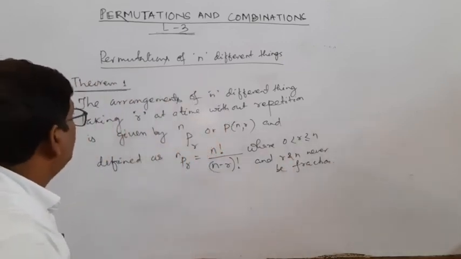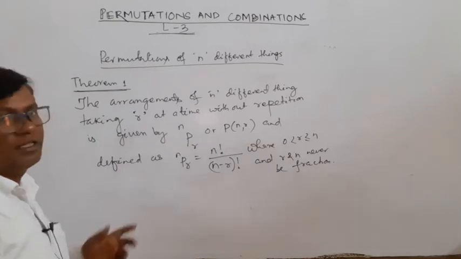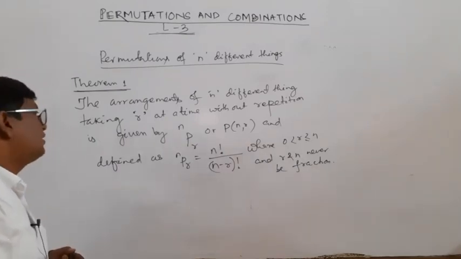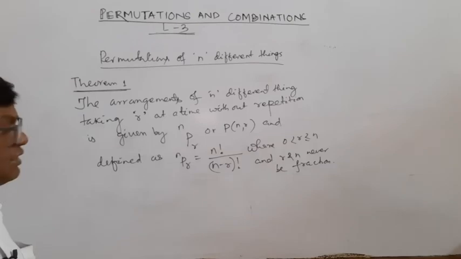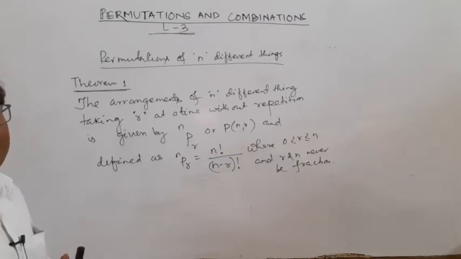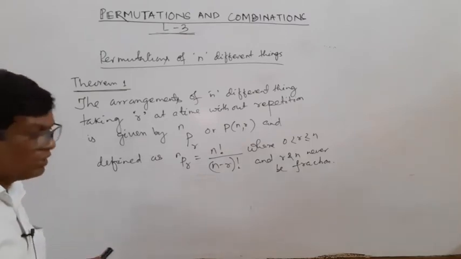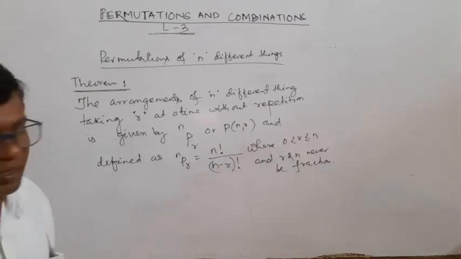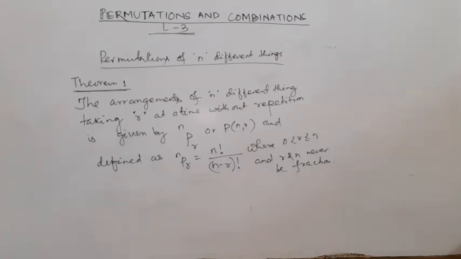This is the arrangement of n different things taking r at a time without repetition, given by nPr equals n factorial divided by (n minus r) factorial. Now proof of theorem 1.